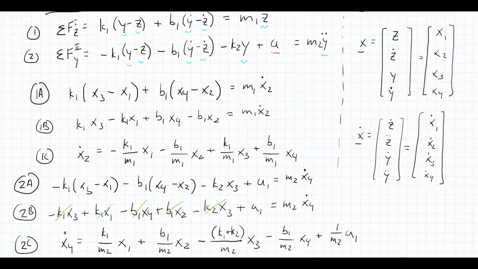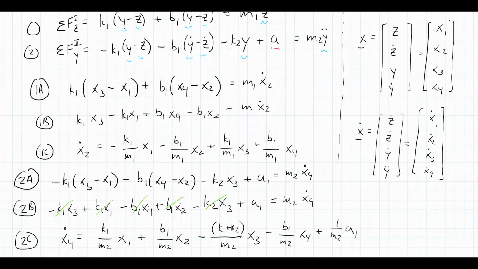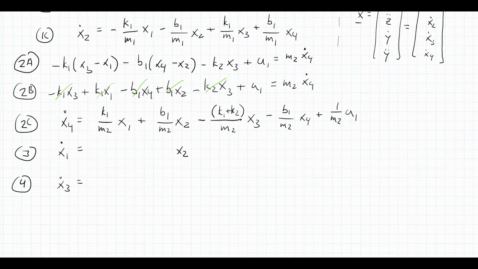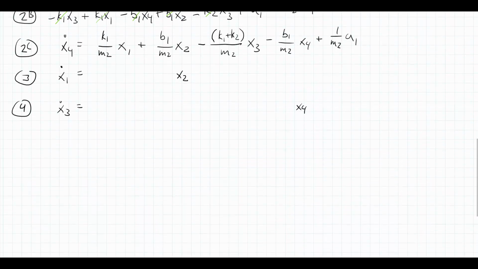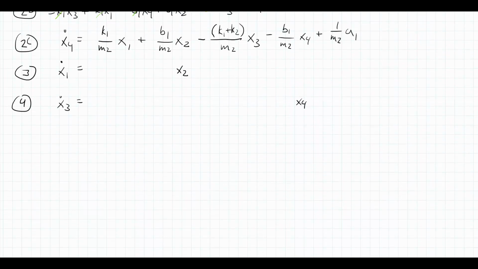Coming up here, x3 dot is y dot. Y dot is also x4. Thus, x3 dot is also x4. So this, just so it's nice in columns here, x3 dot equals x4 is my second mapping equation. I have all four equations I need to now write this in my matrix form.